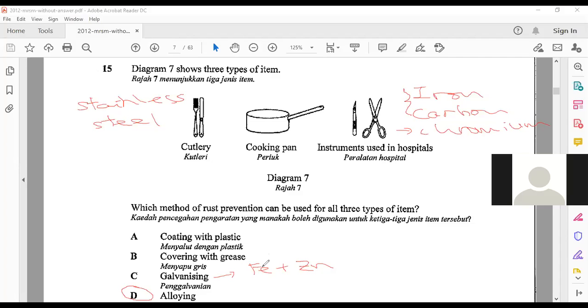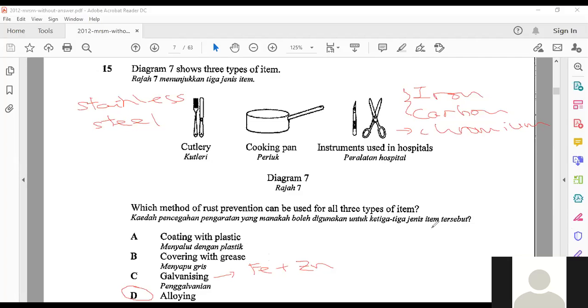Galvanizing means the iron is coated with a layer of zinc. Now, just now Kachun said that the zinc is more electropositive than iron. Okay, what can you tell next? What can you tell next, Sangeeta?